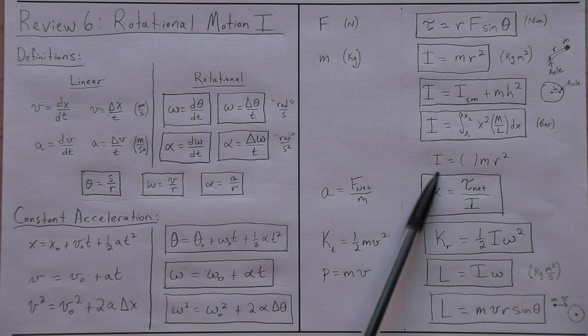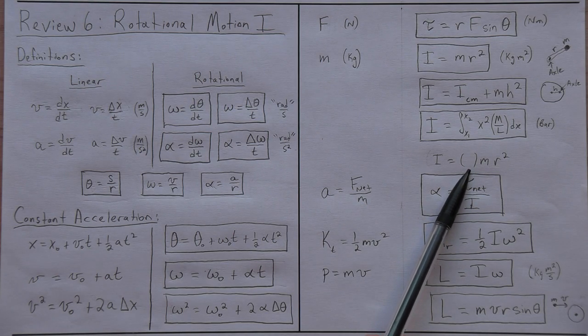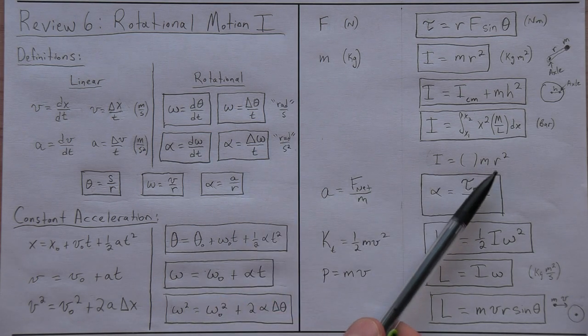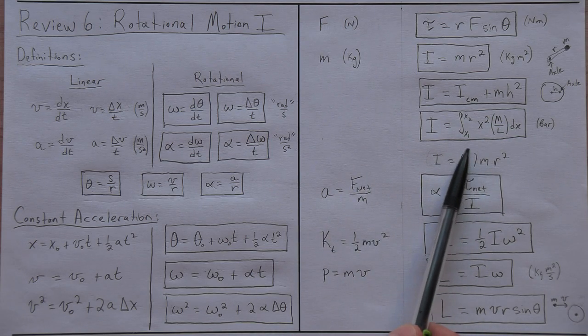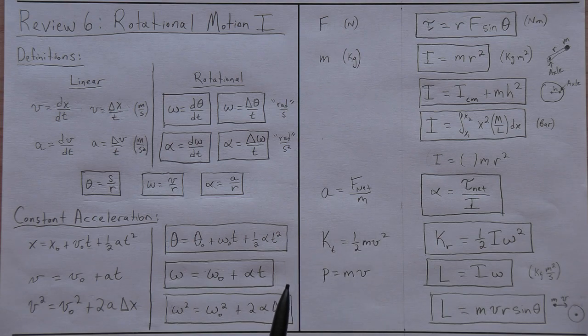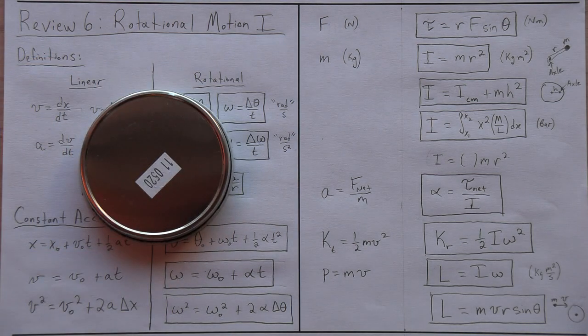Then we have all kinds of other shapes: spheres, solid spheres, hollow spheres, cylinders, and in all those instances, the inertia is always some fraction times mr squared. You don't have to remember all the other formulas, like for example, for a solid disk, it's 1/2 mr squared.